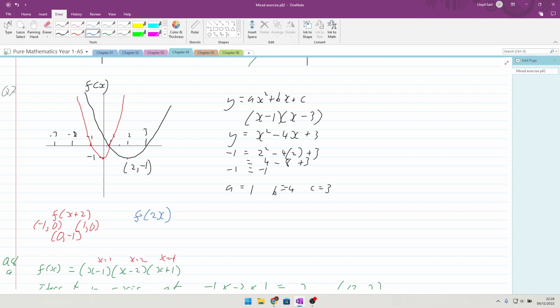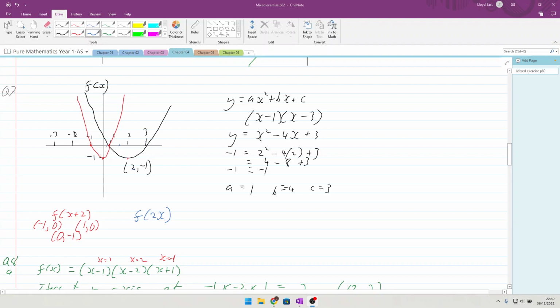Because it's an f of 2x, that's going to have the effect of squashing the graph by a factor of a half. So you're going to end up with something like this graph being half the width of what it is. So the black line is going to squash up and be half the width.